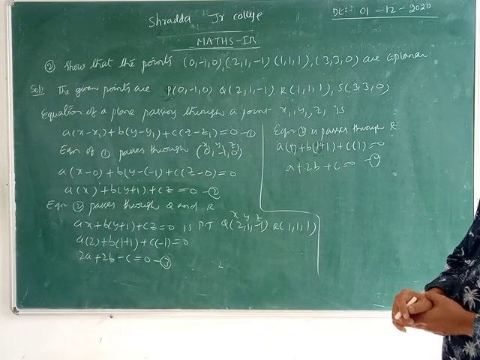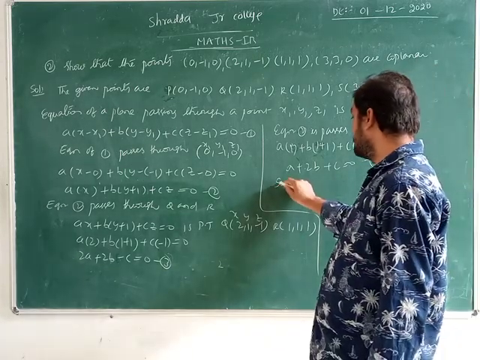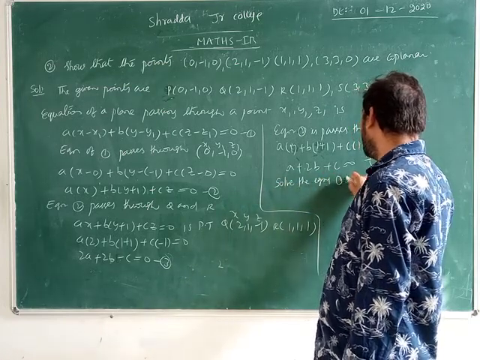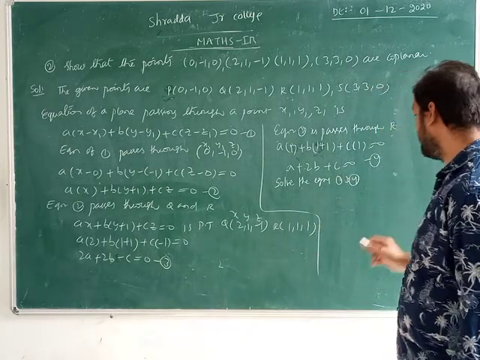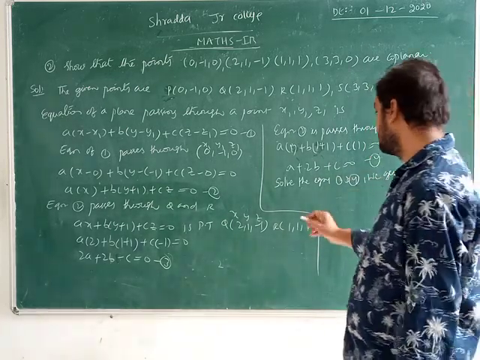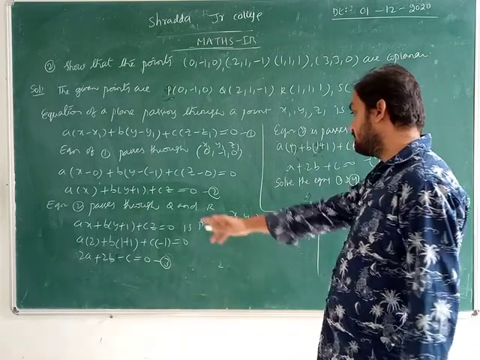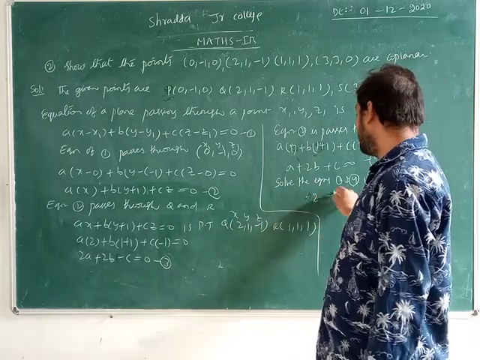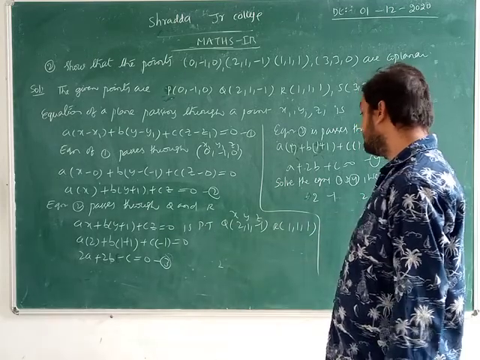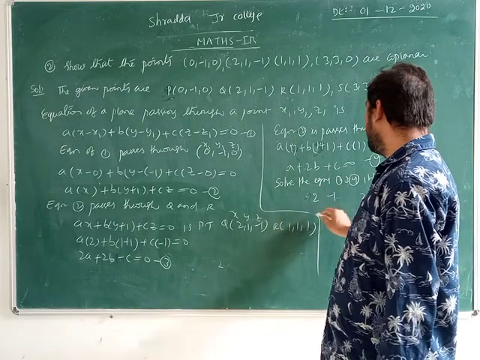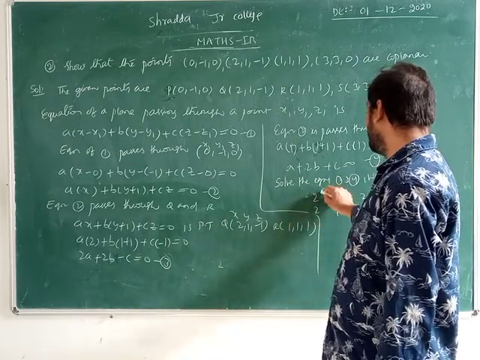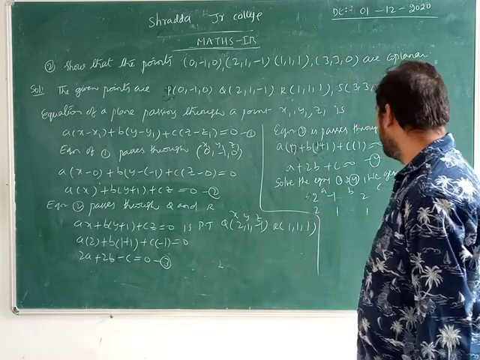Solve equations 3 and 4. So what are we getting here? Now the b coefficient is 2, c coefficient is -1, a coefficient 2, b coefficient 2. And the b coefficient here is 2, c is 1, a is 1, b is 2. Now this is a, b, c.